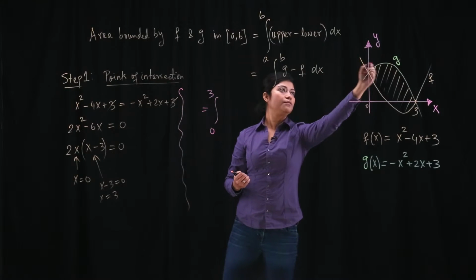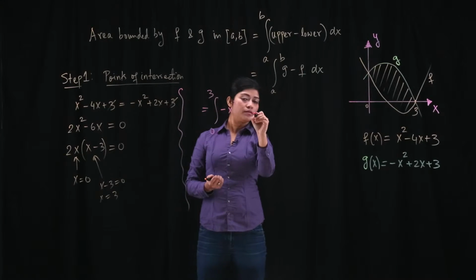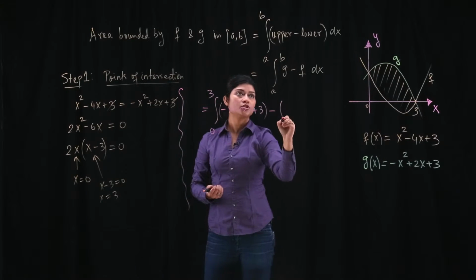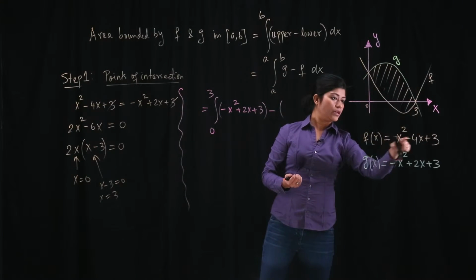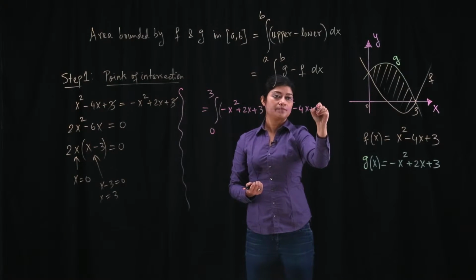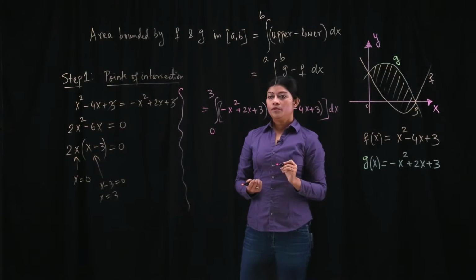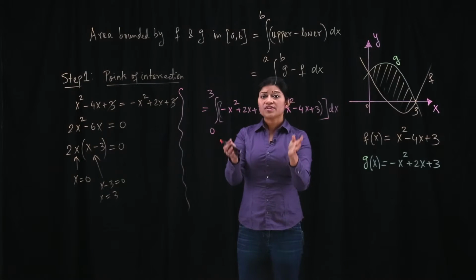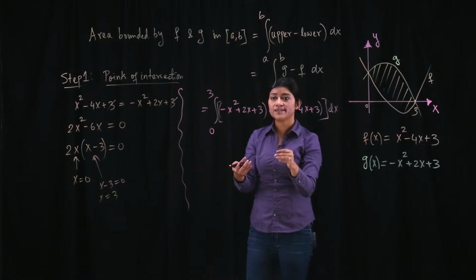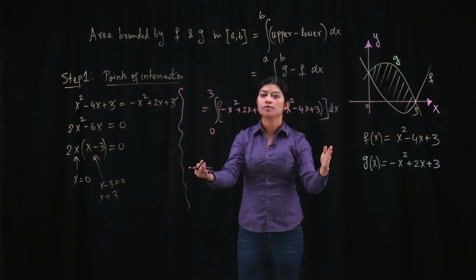Again, the upper curve is g, so write down the expression for g, negative x squared plus 2x plus 3, and then subtract the lower curve, which is f, x squared minus 4x plus 3. I strongly suggest that before you find the antiderivative, you simplify this expression so that you do not have to deal with too many terms in the end.